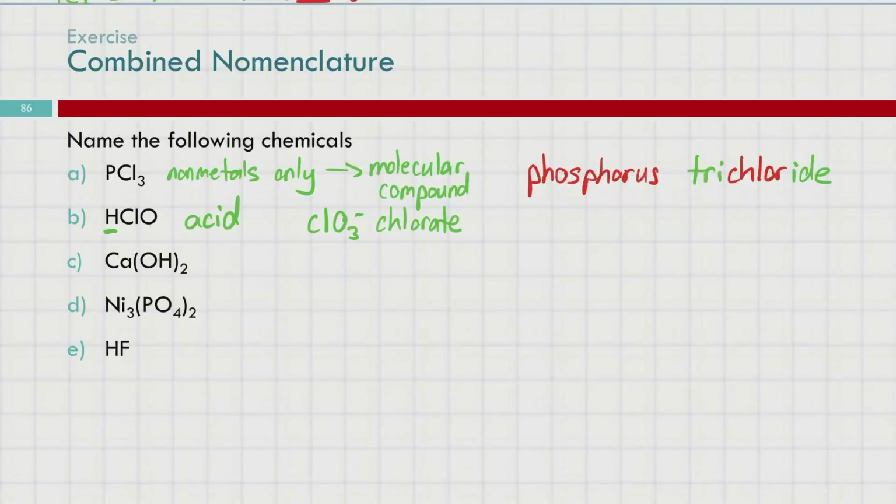We need to go through step by step. How are we changing this name to get to just ClO? Because we've got 3 oxygens, we need to lose 2 oxygens. If we lose 1 oxygen, what happens to the name chlorate? What does it become instead? Chlorite. And if we want to take another one off, we can't do chloridite. We have to do something else. We have to add a prefix. So ClO minus would be what? Hypochlorite.